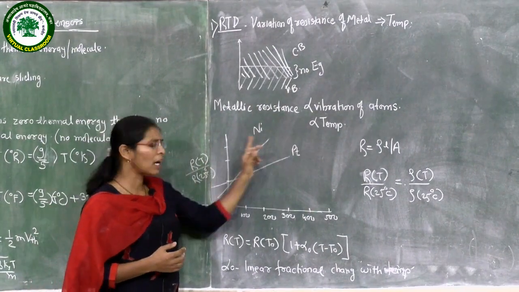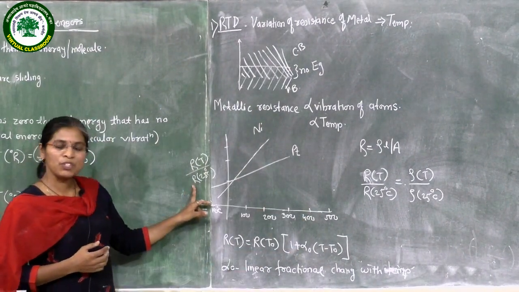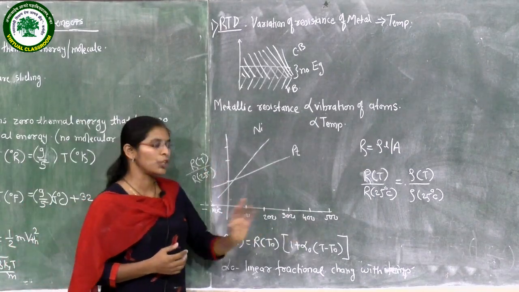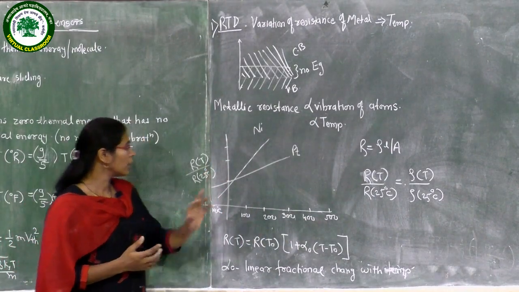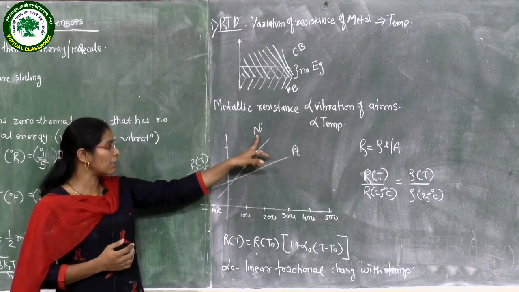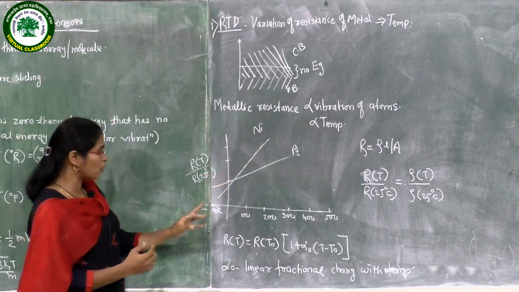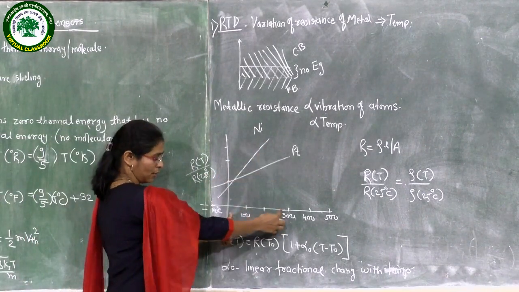For the same, we have drawn the diagram which represents how resistance varies with change in temperature. Two examples are shown, nickel and platinum. For nickel, you will be able to see that the span is less.